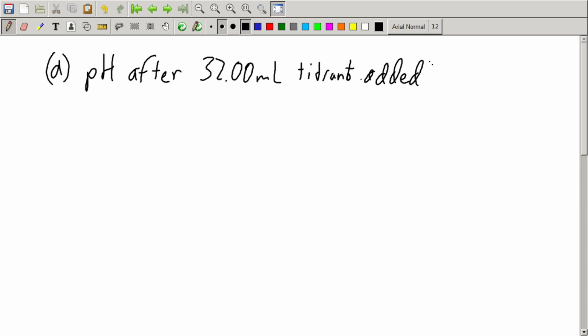So we're just going through the same set of steps. Now we're going to add 32 milliliters of titrant. What do we get? Well, again, let's map this out. What do we see? The net ionic equation has not changed.